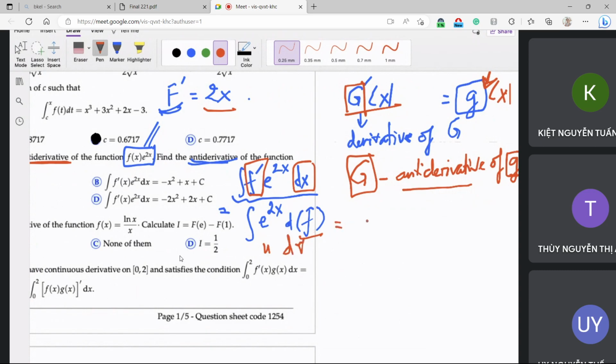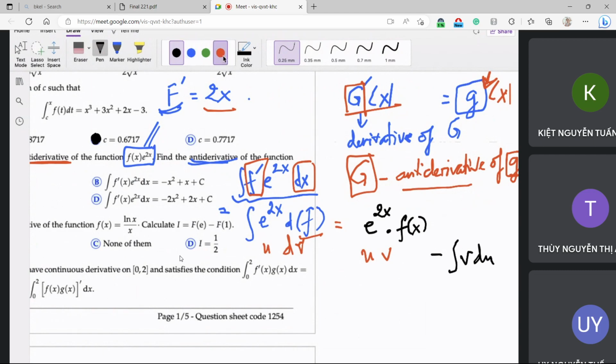You see? The integral of u dv will be uv. So what is uv here? It is e to the power of 2x times f of x, minus the integral of v du.